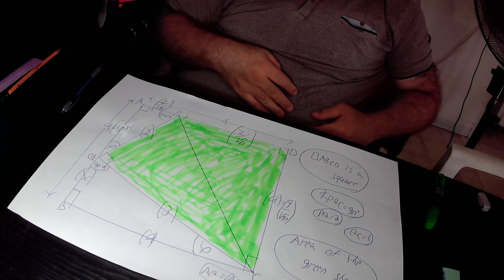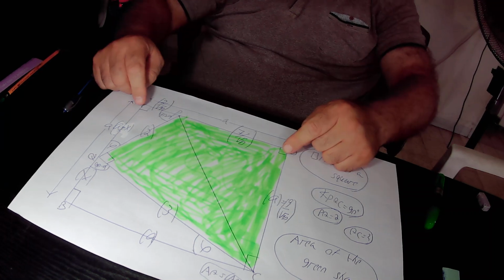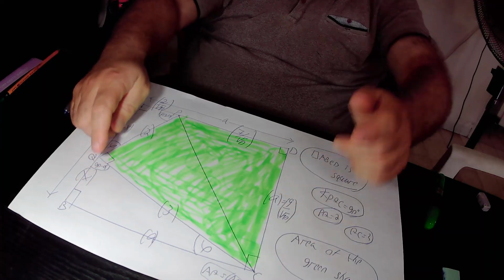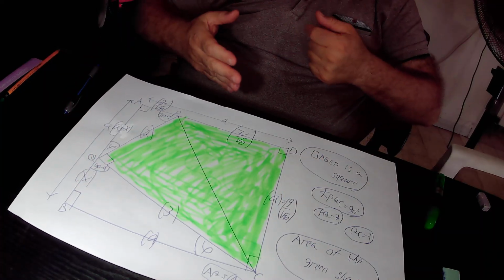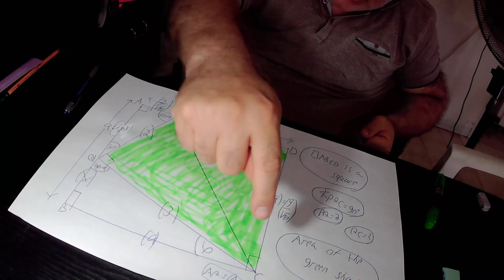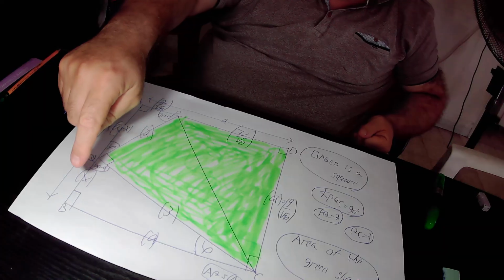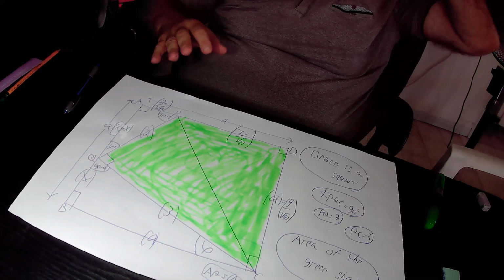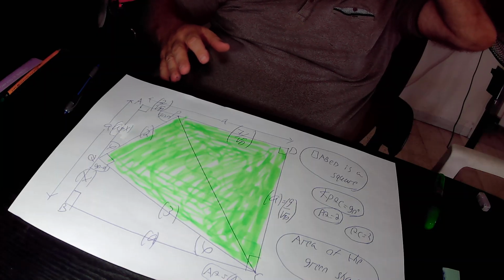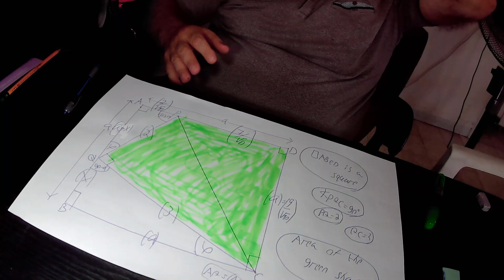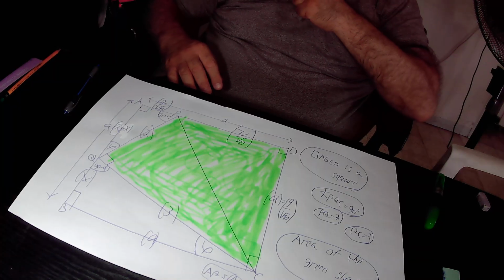So first of all, ABCD is a square, so those 4 angles are all right angles. We defined one side of this square ABCD as a, therefore AD equals DC equals CB equals BA equals a. All the sides of this square ABCD are equal to a according to our definition.